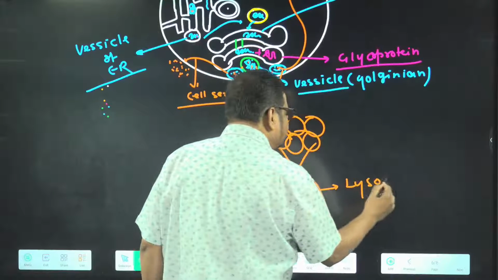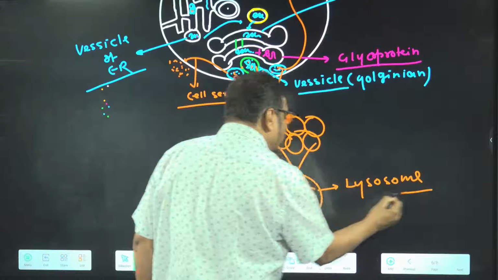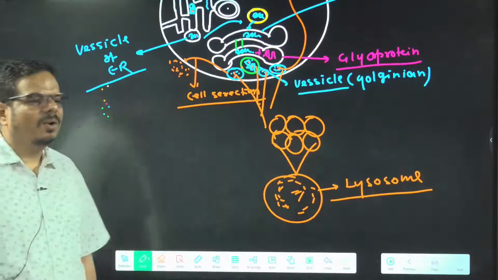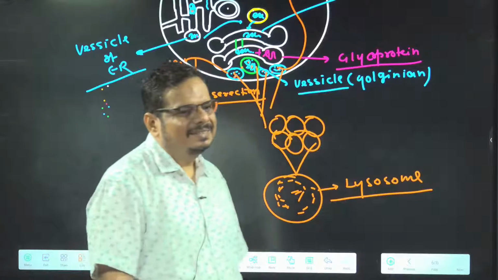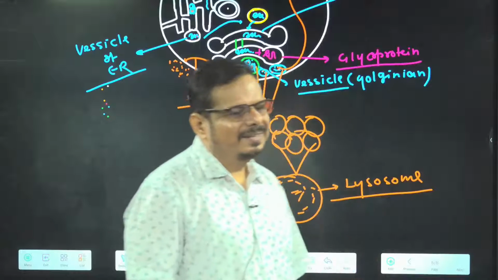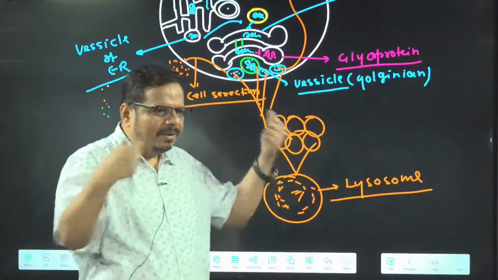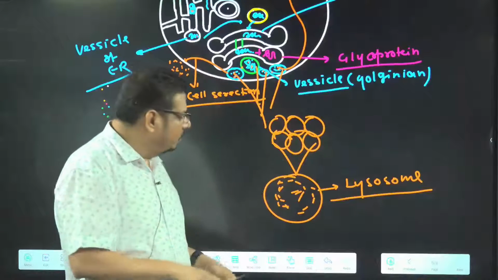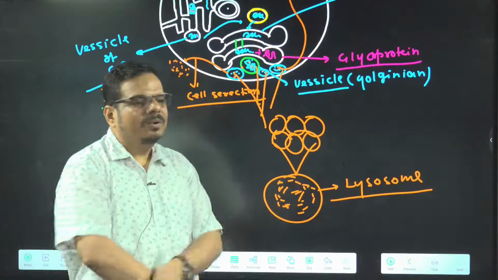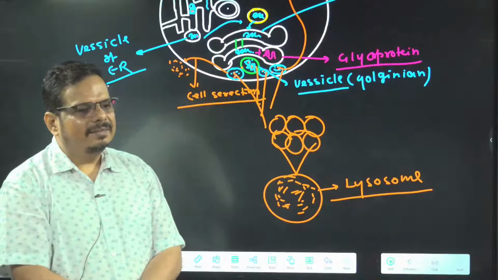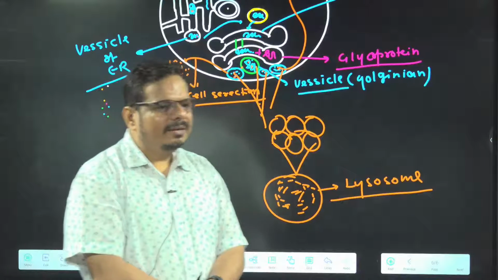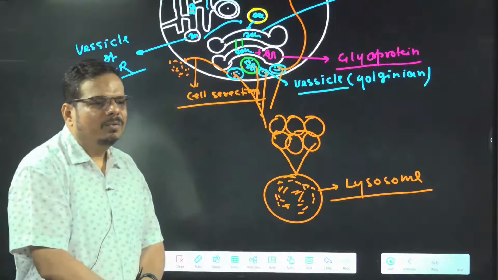Lysosome. So how lysosome is formed from Golgi complex, you got the idea? Many Golgian vesicles fuse, and every one has a different enzyme. So lysosome has many different types of enzymes or not? Is it clear in the mind? So the lysosome formation mechanism you also got.